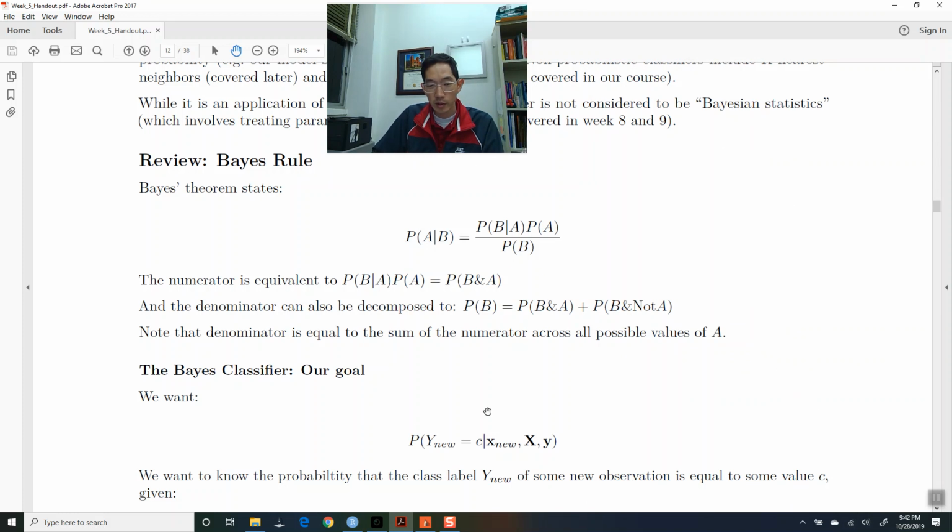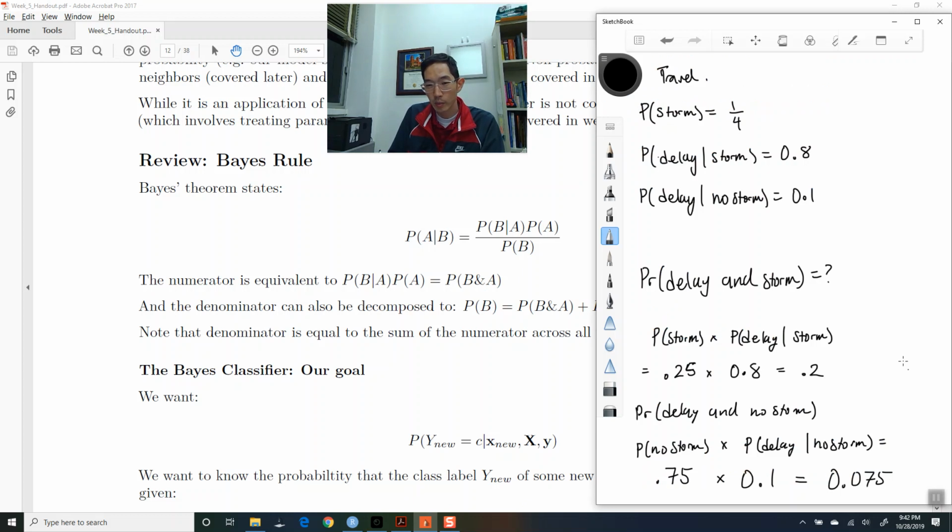The denominator, just the probability of a delay overall, can be found by combining these two things. What's the probability of a delay? Well, there are two ways that you can get a delay. You can have a delay with a storm, and you can also have a delay with no storm. So we would just add these two together, and that would be our overall total probability of a delay, 0.275.